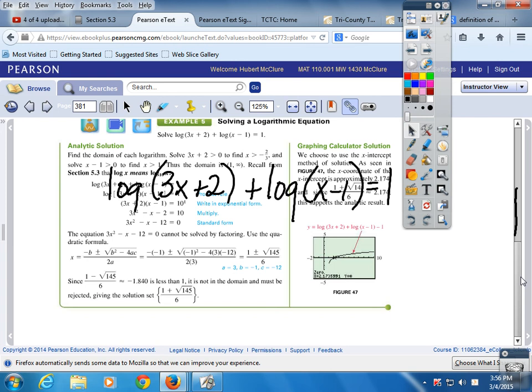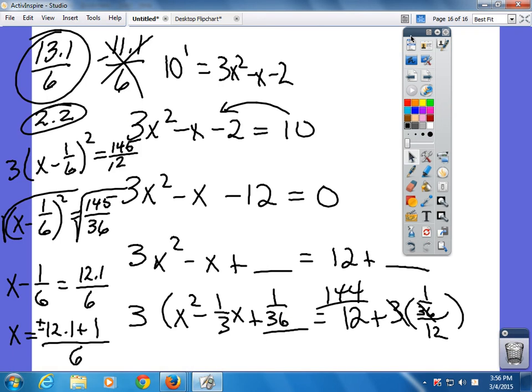We still got 4 minutes. Right here, let's hold this right here. 1 plus or minus the square root of 145 over 6. And we got that right here. Where was it? 145 plus 1. Somebody take the square root of 145.